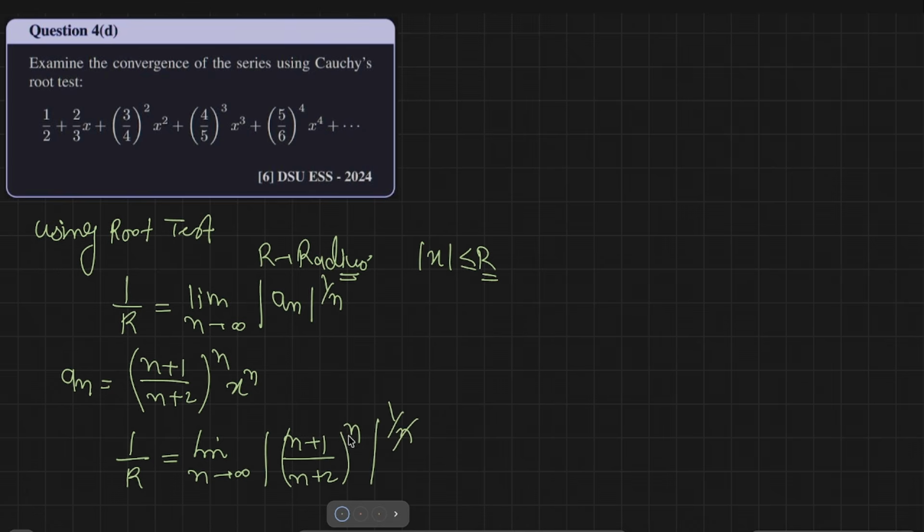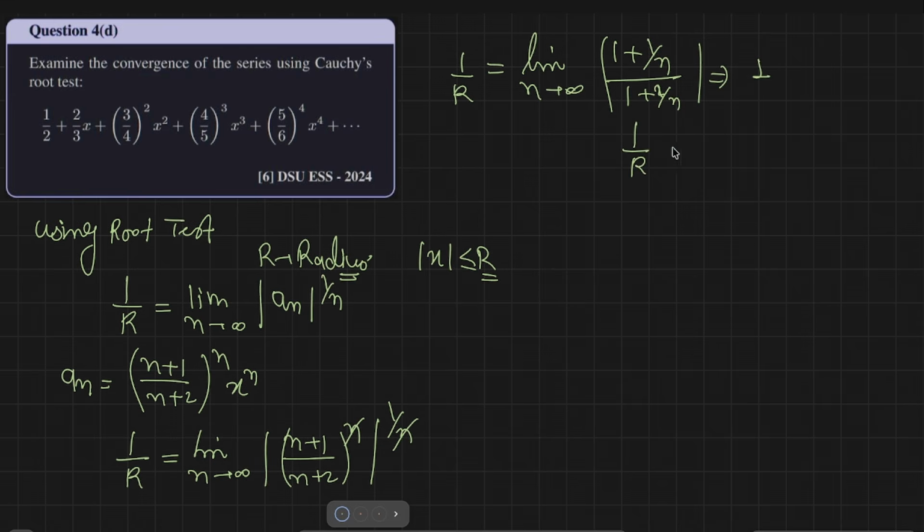When you solve this, the limit as n tends to infinity gives 1 by r equals (1 + 1/n)/(2 + 2/n)... and this is basically 1. So 1 by r is 1. What is r? r is equal to 1.